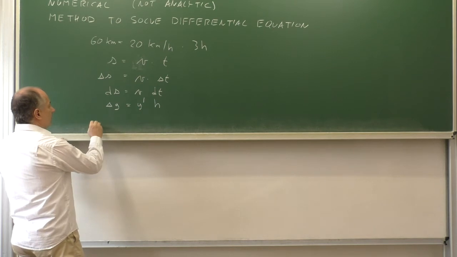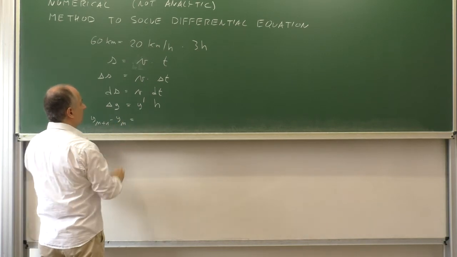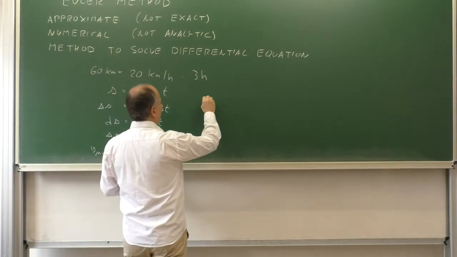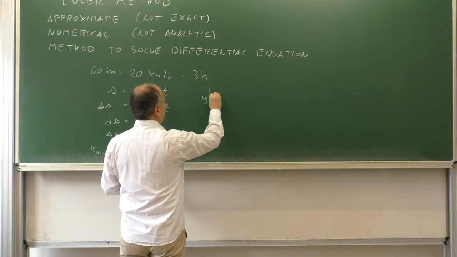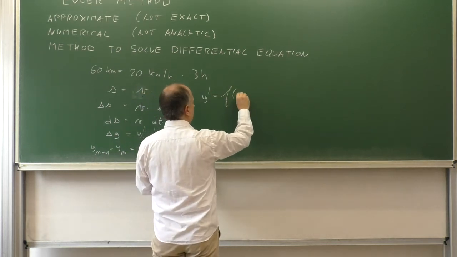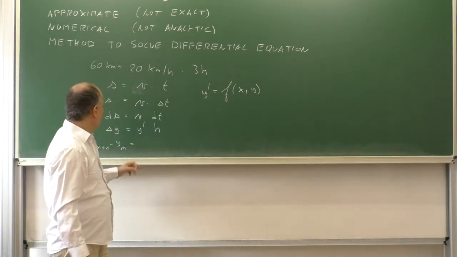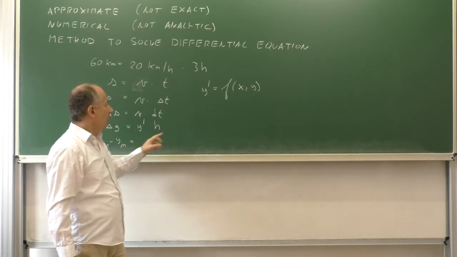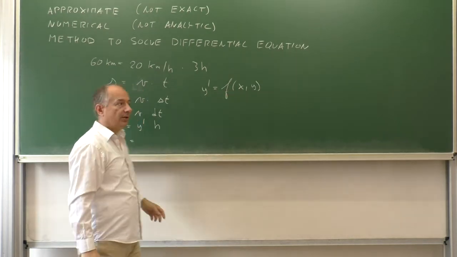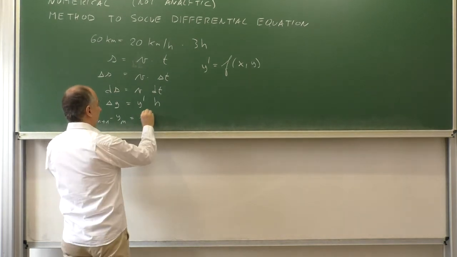If we denote the difference as the new value minus the old value, and if we solve the differential equation in the form y derivative is some expression depending on x and y, then we want to express y derivative in terms of x and y using the formula in the differential equation.